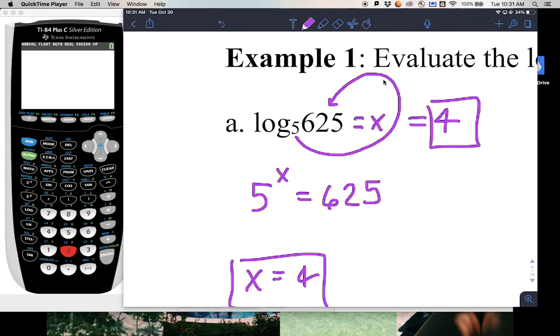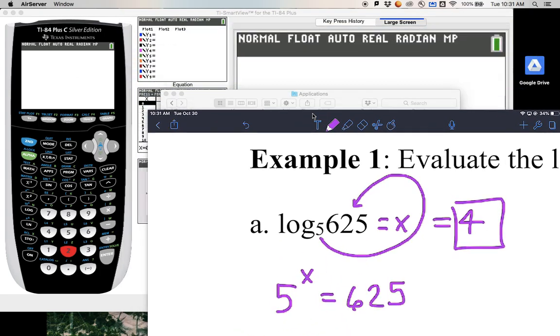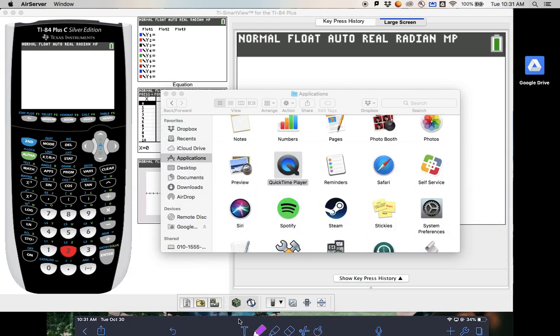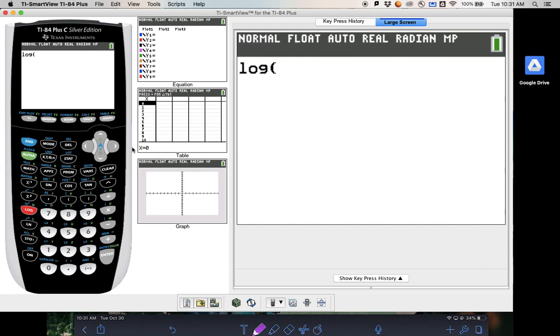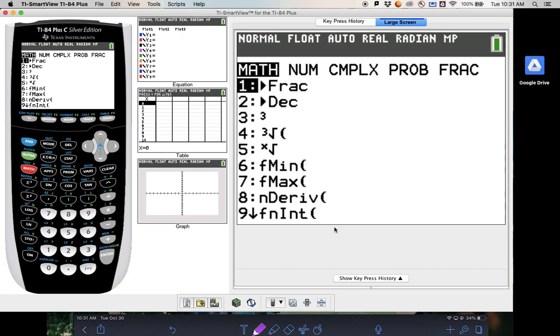All right. Now, if you want to check with your graphing calculator, especially when you're just learning these, I'll show you how to do it. There's a log button here, but it doesn't put the base in. So to get the log with the base, we're going to hit math and scroll down a little bit.